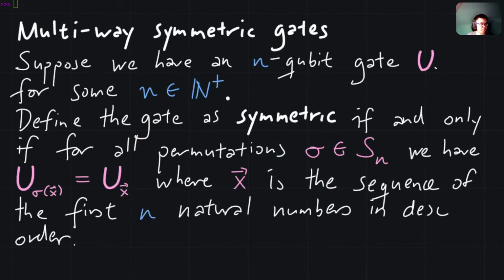We now deal with the multi-way symmetric gates. For example, we have X, we have Y, we have Z, like this type of entanglement. Or we have a gate that looks like this. So H, then symmetric.